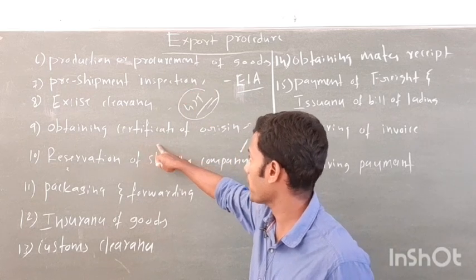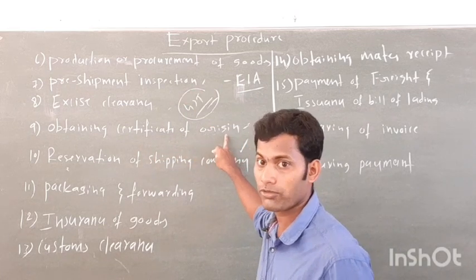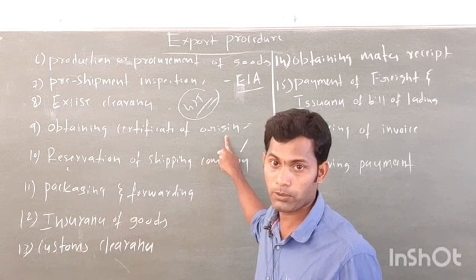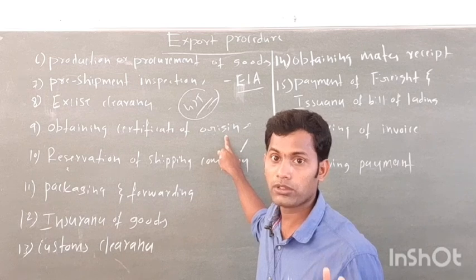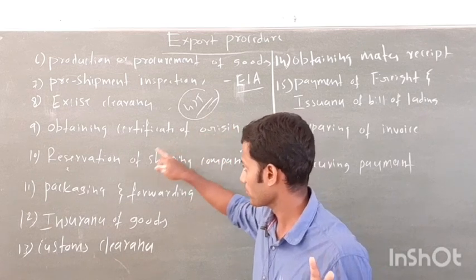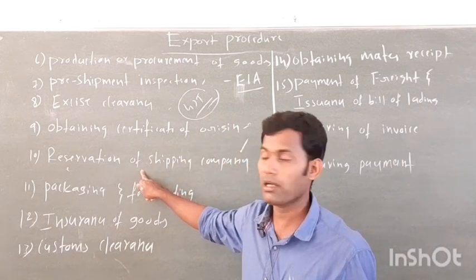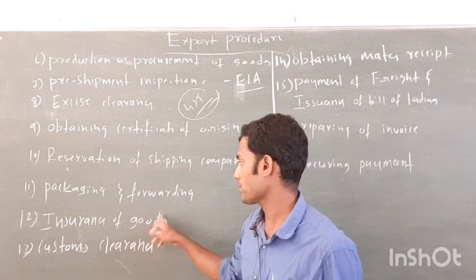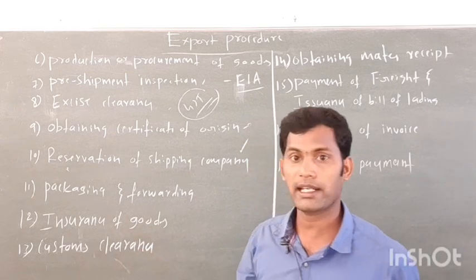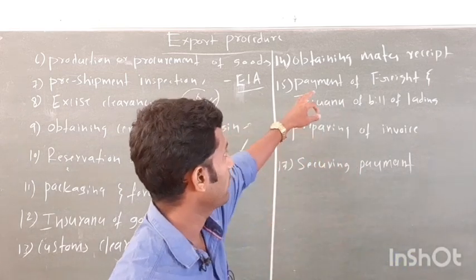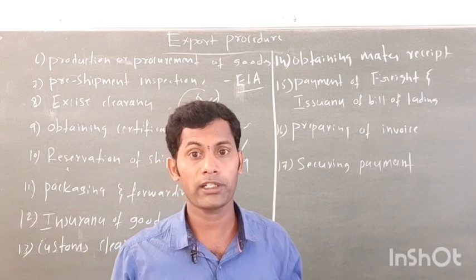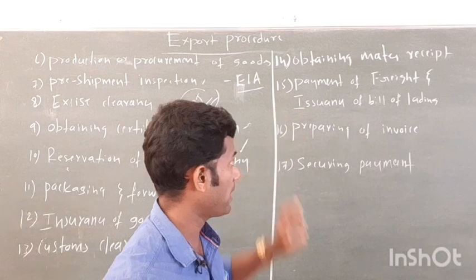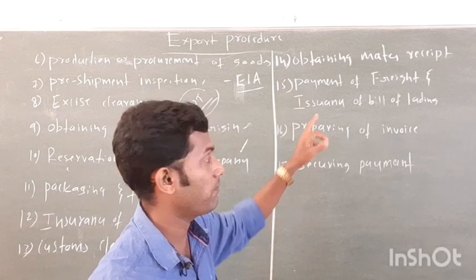Then the ninth one, obtaining certificate of origin. It is a proof of where the goods are exported from or where the goods are manufactured. Then we have to apply to the shipping company for reservation of space, then packaging and forwarding, the insurance of goods, then customs clearance, then obtaining mate receipt from the superintendent or chief of the ship, then payment of freight and issuance of bill of lading.